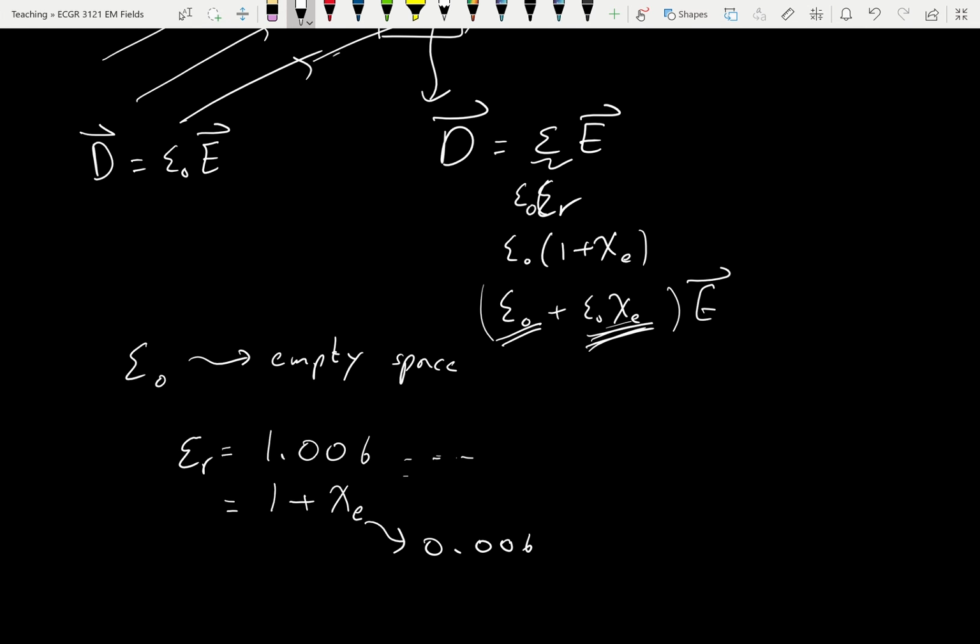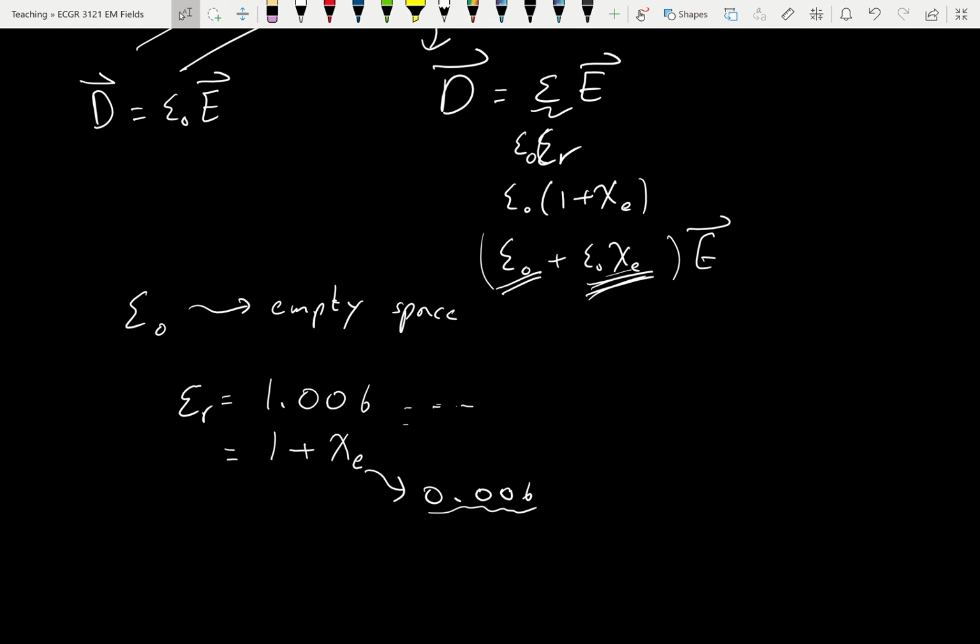That means the polarization of the gas molecules in the air is 6,000ths that of the theorized polarization of empty space. So that's why we could consider air to be approximately empty space.